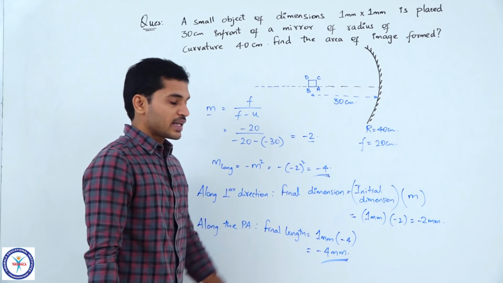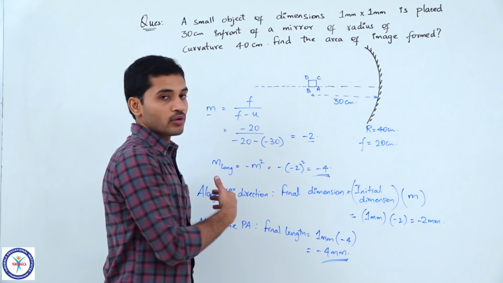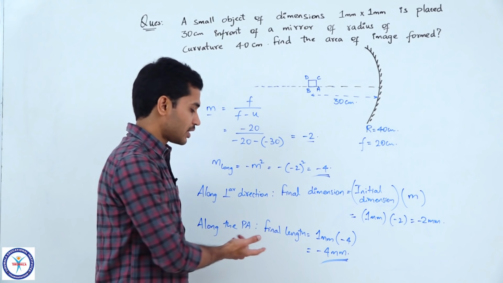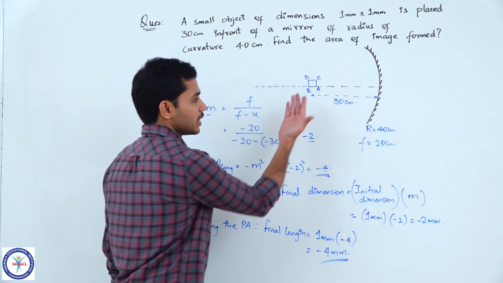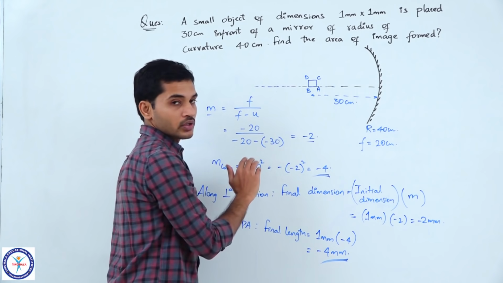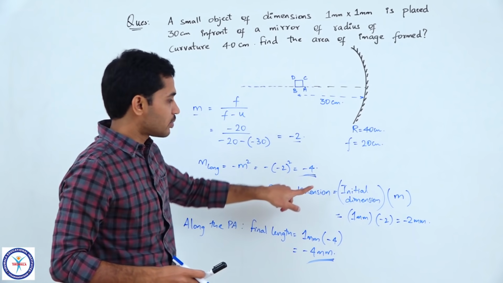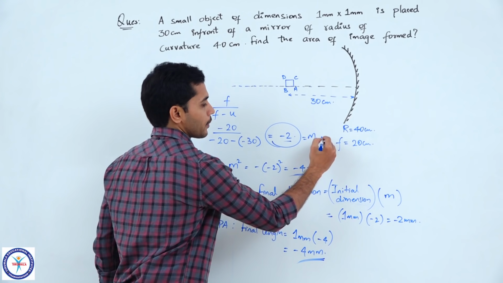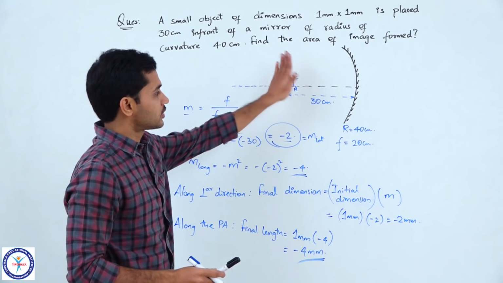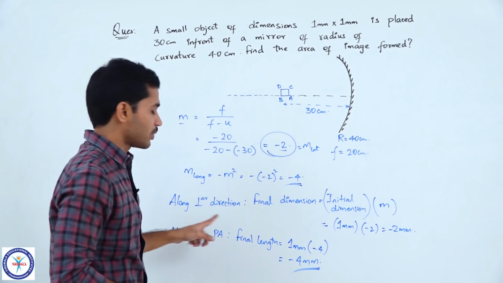So once again I got a negative value. What the negative value represents is that the image formed is inverted once again, but we are dealing with along the principal axis. So how is it inverted? It is inverted this way. This inversion is represented by the negative sign in lateral magnification, and this inversion is represented by a negative sign in longitudinal magnification.